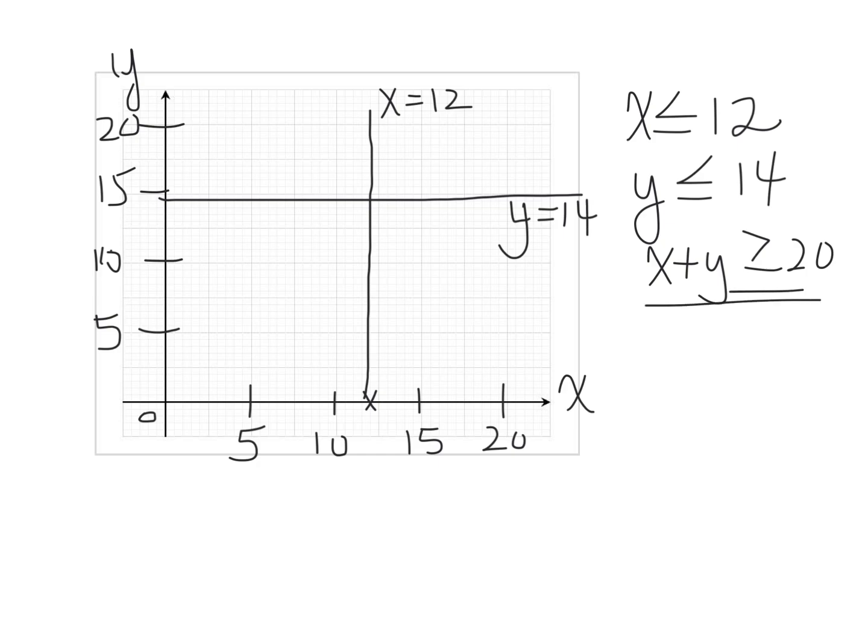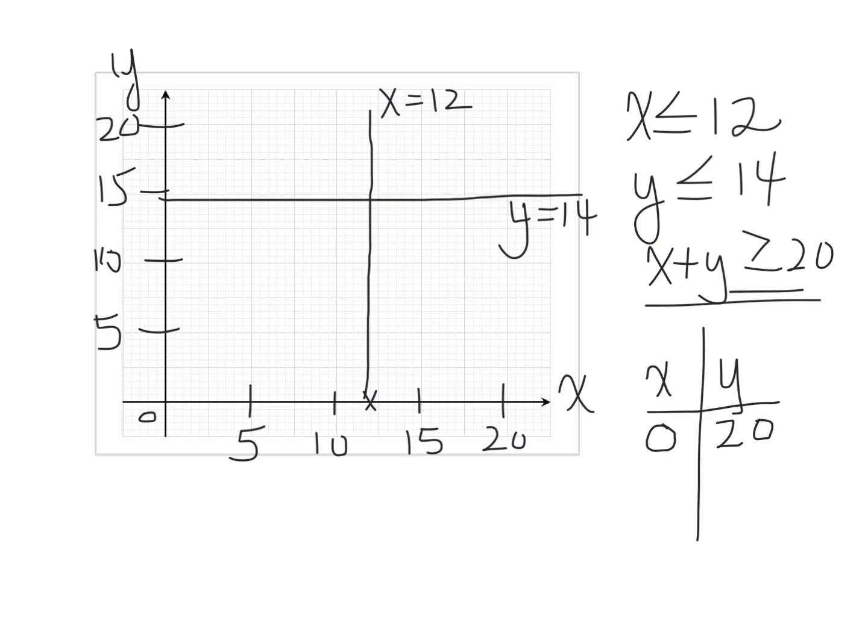And then we have this last one here to graph. X plus y is greater than or equal to 20. So what we do there is we're going to set up a t-table for graphing. So we're going to choose values of x and y. Remember, it's a straight line, so we only need 2 points, and I'm going to suggest the easiest ones are, what is the value of y when x is 0? Well, it's 20.